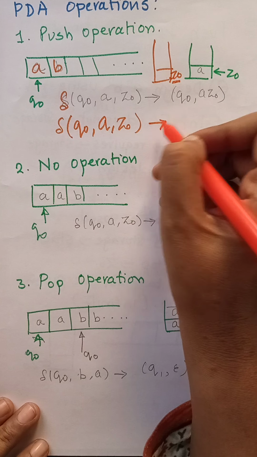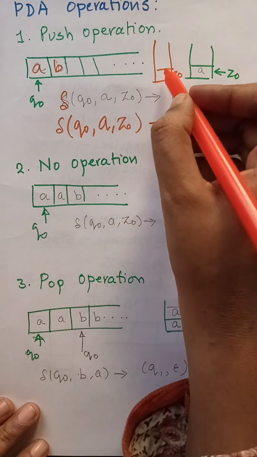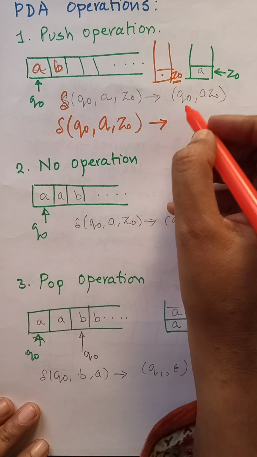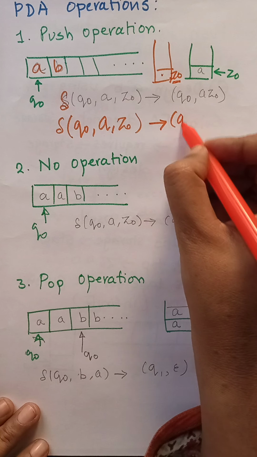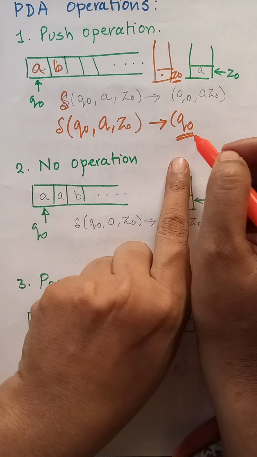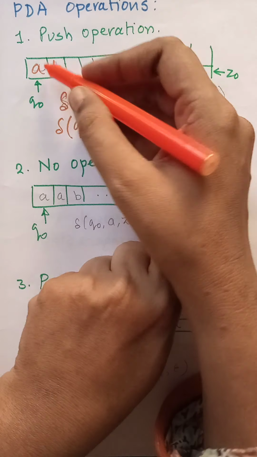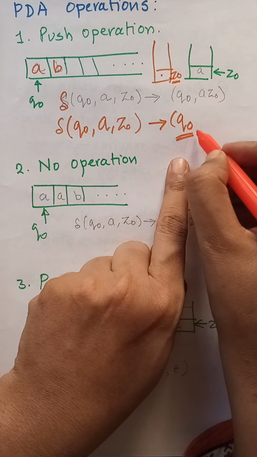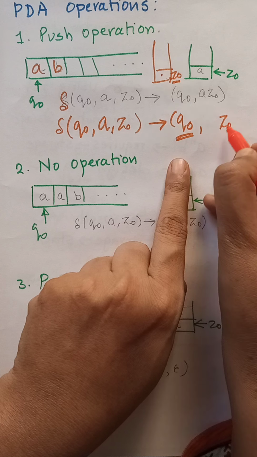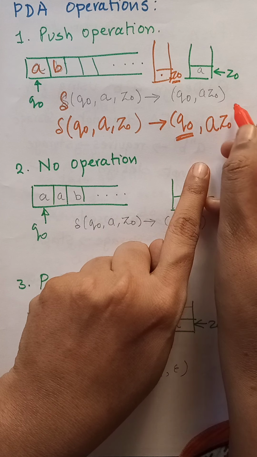Now I want this A to be pushed here. So I write the resultant state. Here I am not changing the state, so my resultant state and the current state are the same, and I want this to be pushed. The push operation is: on the Z0 we are pushing A, so it will be A Z0.